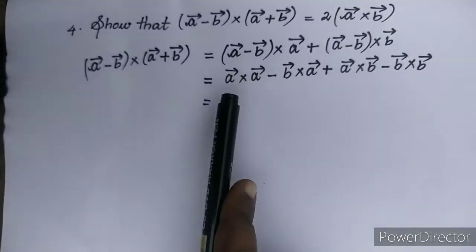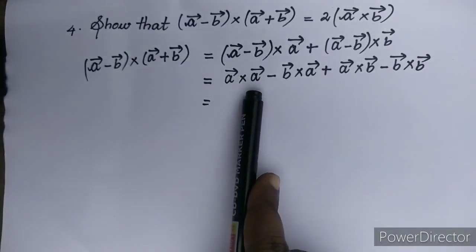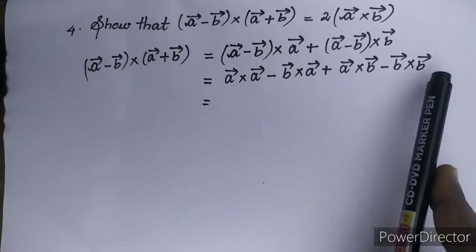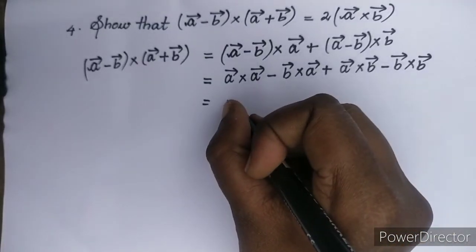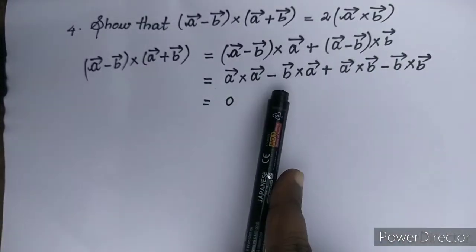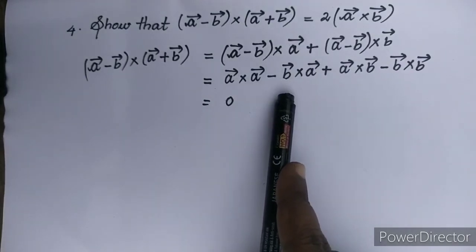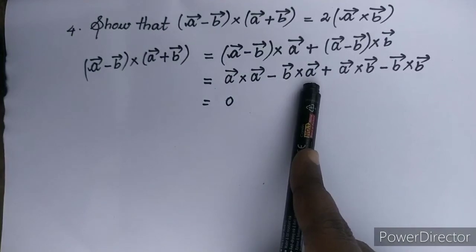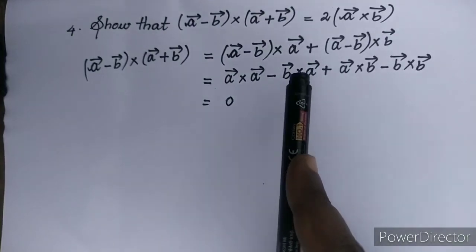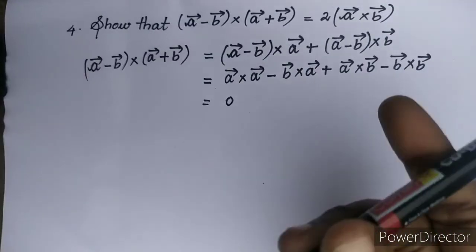We already know that A vector cross A vector and B vector cross B vector are 0, and since vector product is not commutative, B vector cross A vector is nothing but minus A vector cross B vector.